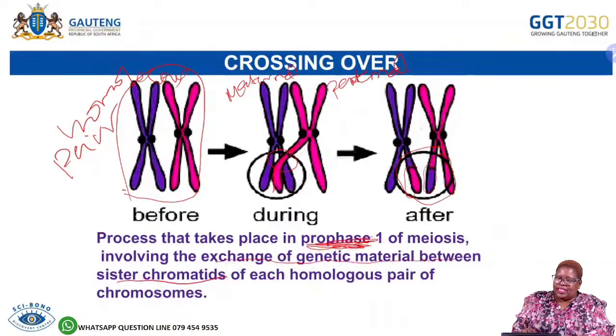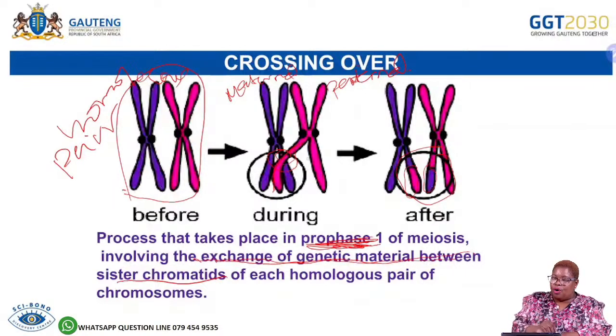Now, the process of crossing over takes place in prophase 1 of meiosis, involving what? Exchanging of genetic material. So at a point of chiasmata, that is where the sister chromatids overlap.